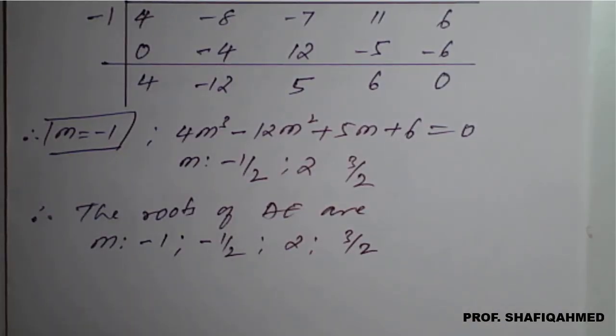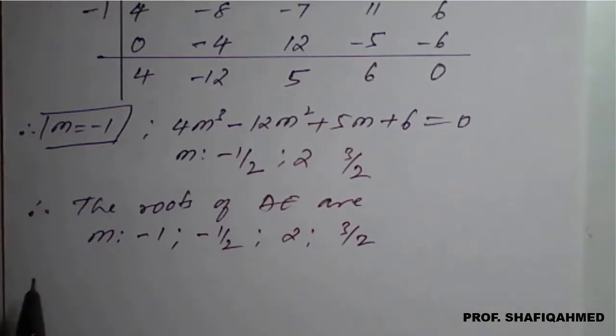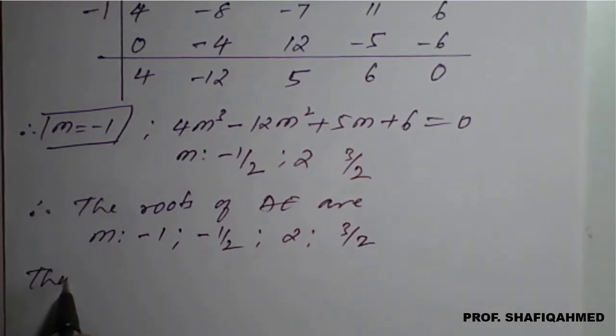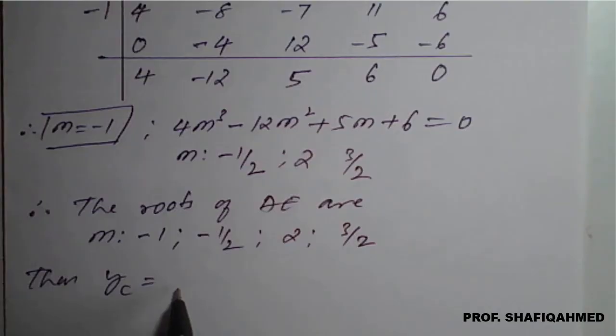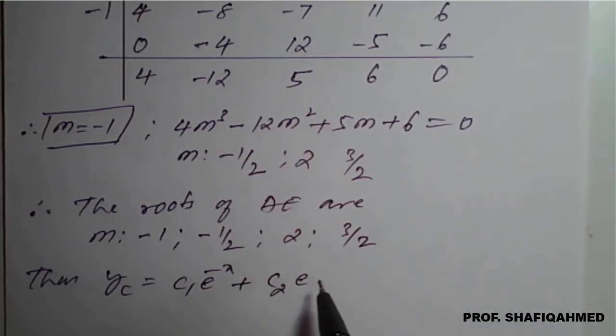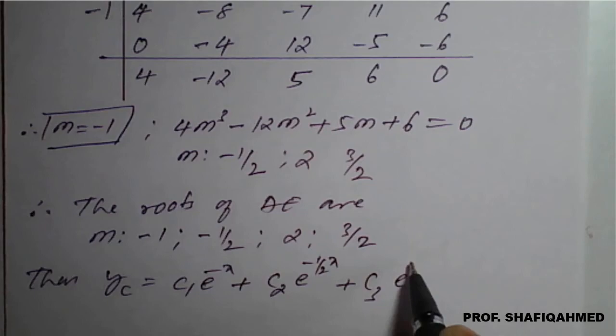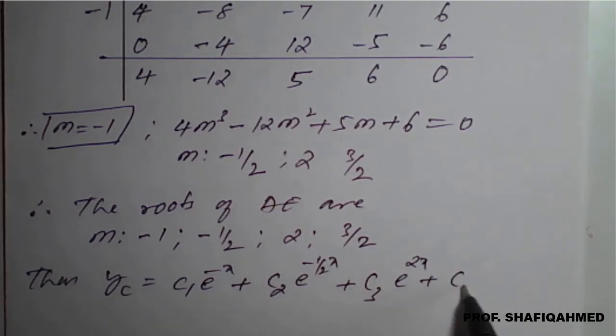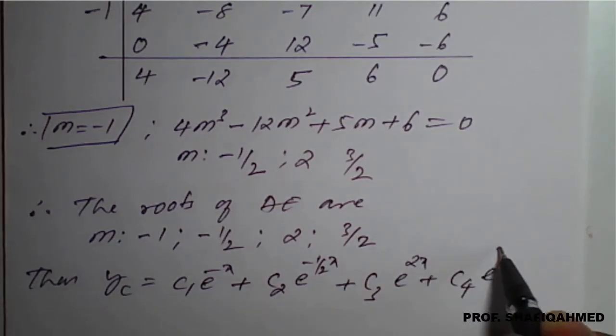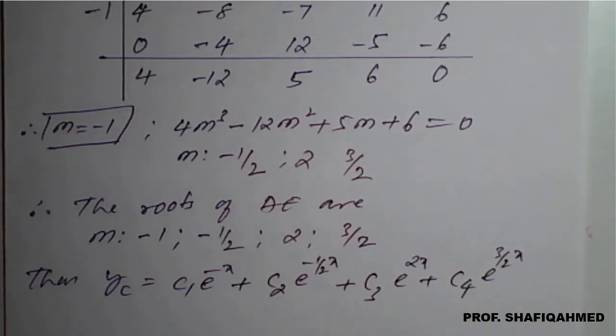You just have to write the complementary function. So the complementary function is c1 e^(-x) + c2 e^(-x/2) + c3 e^(2x) + c4 e^(3x/2).